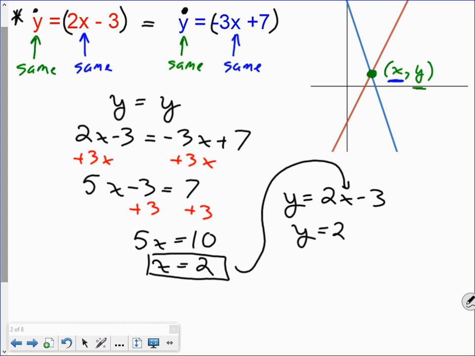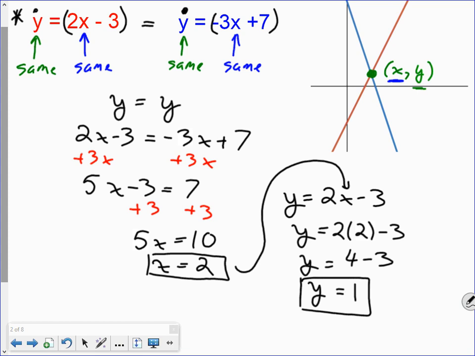We get 2 times 2 minus 3, which tells us that y is going to be 4 minus 3, and that y is equal to 1. So the solution to the system of equations is x equals 2, y equals 1, or this point, 2, 1. Okay? So this is roughly what we're going to be doing in our method of substitution.